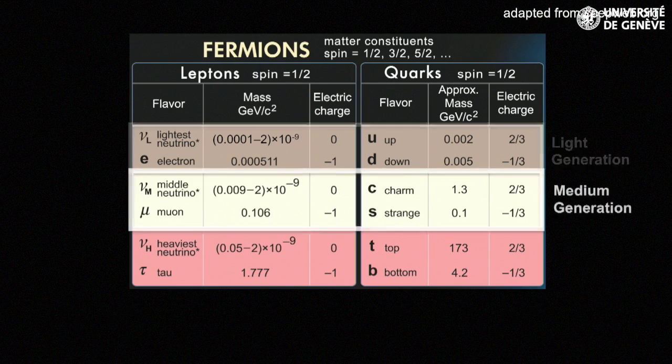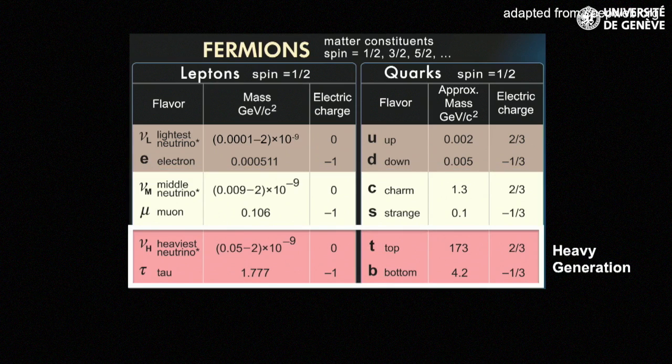The second generation has the muon mu, the medium mass neutrino nu M, the charm quark and the strange quark, C and S. And finally, in the third generation, we find the tau lepton, the heavy neutrino nu H, the top and bottom quarks T and B. There is a quantum number which is called flavor, which distinguishes between the generations inside each family. It is conserved by all interactions except the weak interactions.